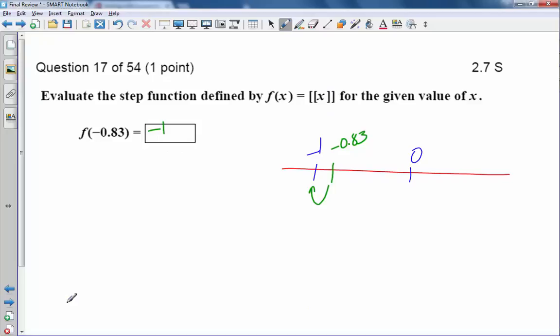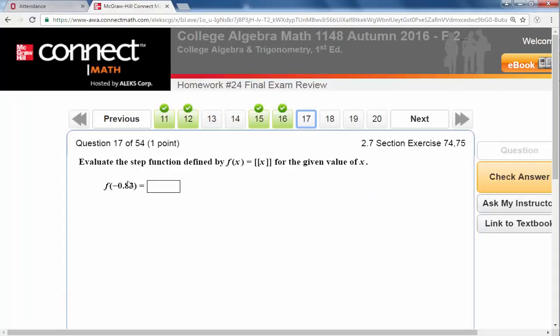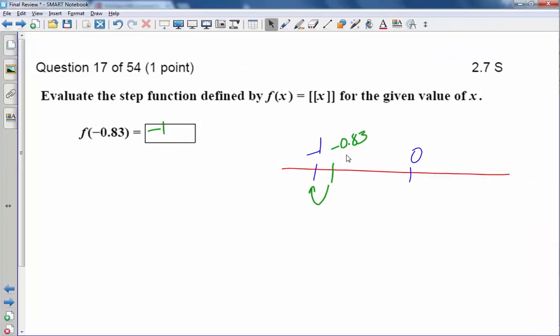So if you know what this function does, this question takes only 3 seconds. Okay? Is it clear? What if this was positive? Let's check something quick. What if this was positive? Answer is 1? No. 2? What's that 2? Okay, there are different answers.